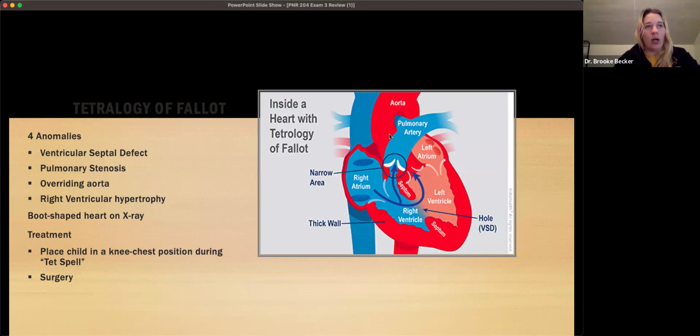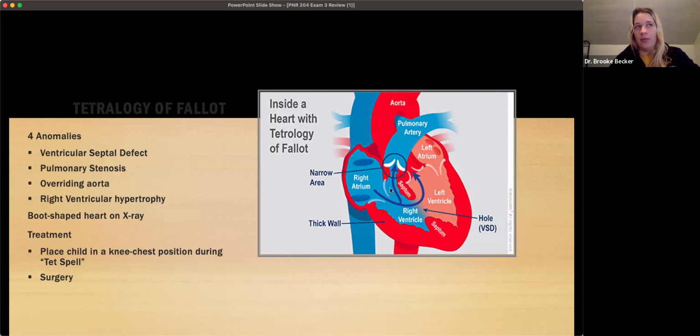And then the aorta is going to be overriding. So in this defect, because of the narrow pulmonary artery, the pulmonary stenosis, more of the blood is going to want to go from the right side to the aorta, because it's overriding.